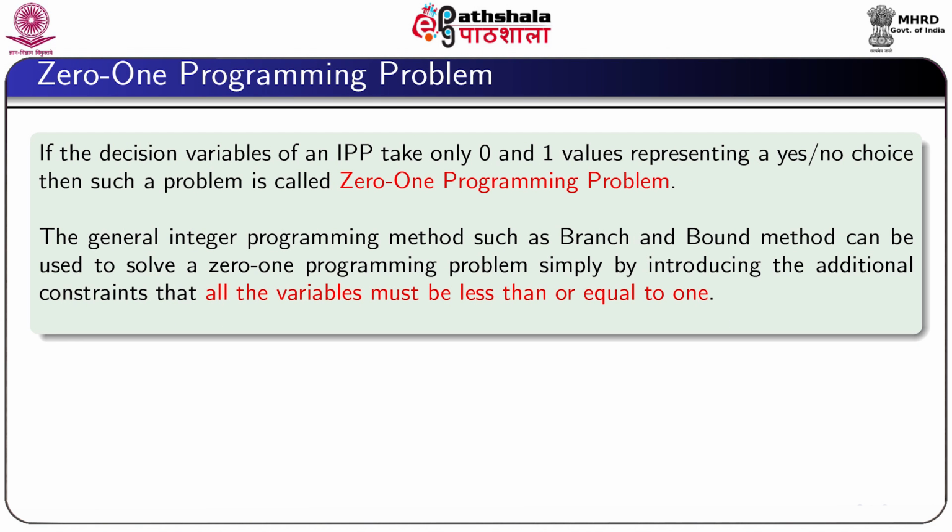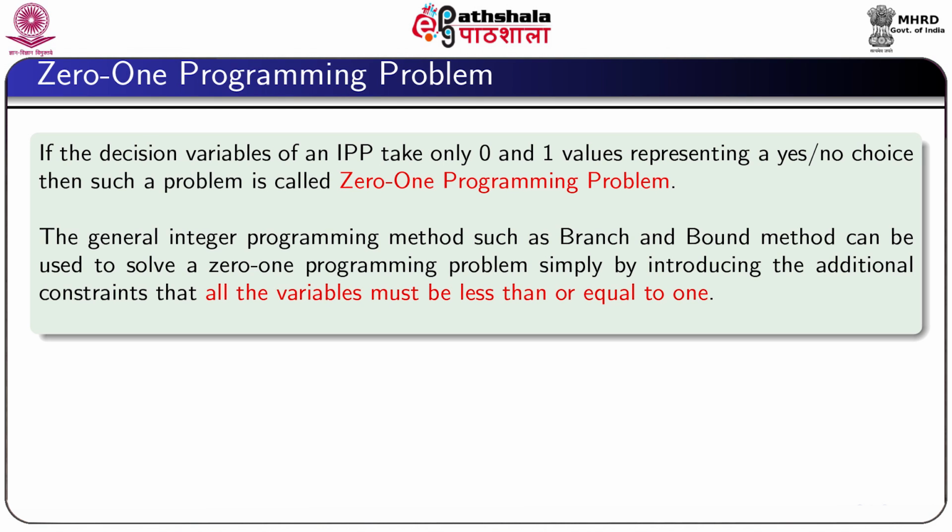We now discuss another programming problem called 0-1 programming problem. There are practical problems that can be structured only as integer programming problem, but some problems may consider only 0 and 1 integer values representing a yes or no choice and are known as 0-1 programming problem.